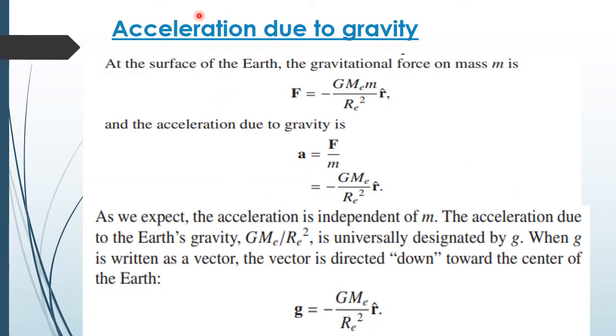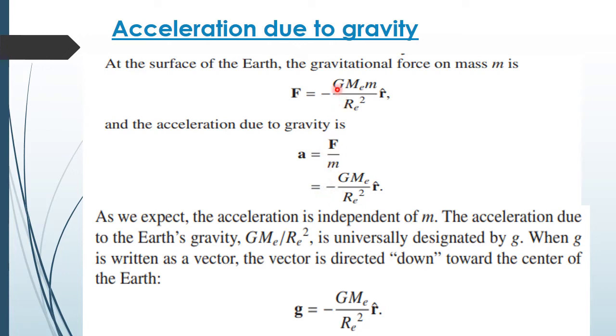Next we find out what the acceleration due to gravity is. We have found that at the surface of the Earth, the gravitational force on mass m is F = -G Me m / Re², where Re is the radius of Earth. We know that the acceleration due to gravity a is equal to F by m.